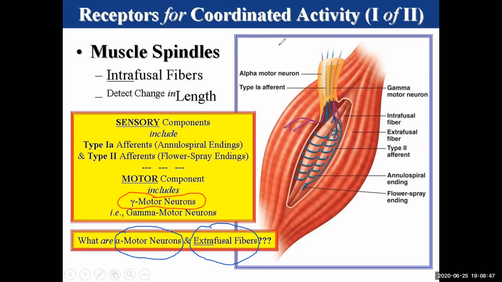And what is important is both the gamma and the alpha are synapsing with the same upper motor neuron. The upper motor neuron will synapse with both of them.